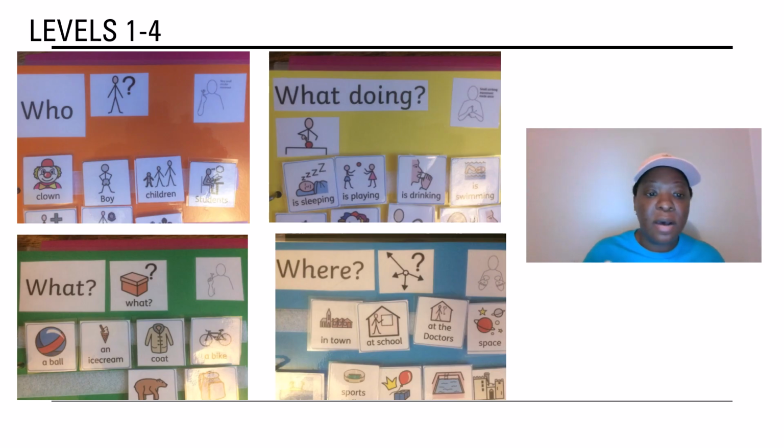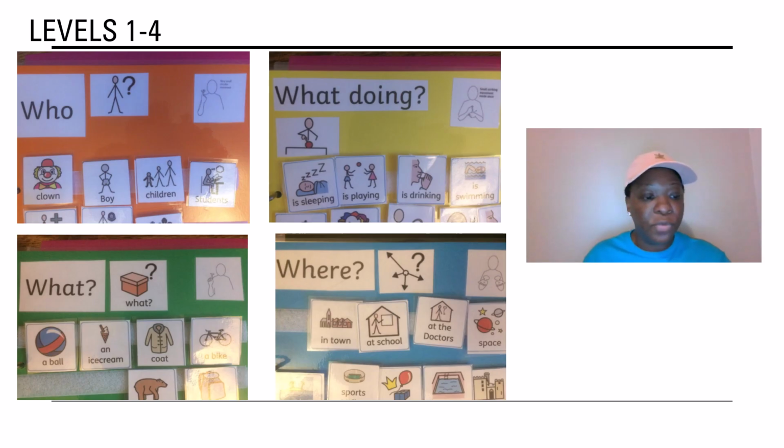For instance, the girl is riding a bike. So we'll have them select who from the orange, what doing, which is riding, from the yellow, and for green, what, we'll have them select bike, or we would prefer for them to make their own selection. Not too much modeling unless they absolutely need it. We want them to make those associations.